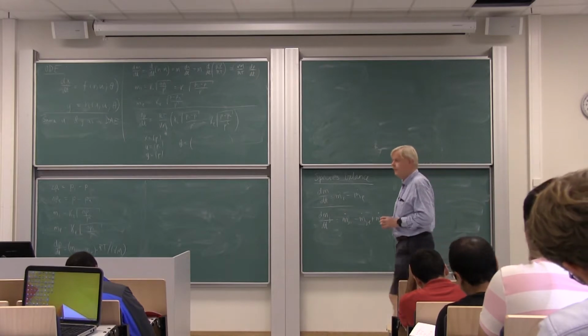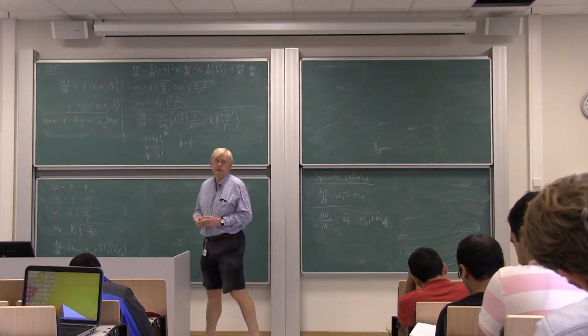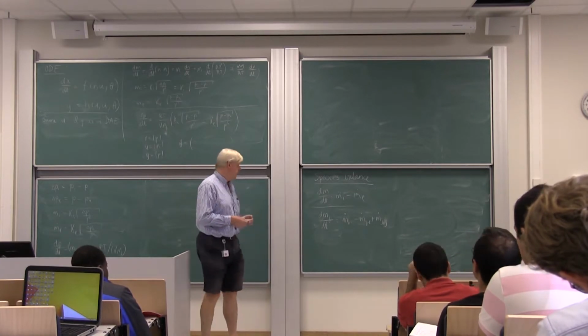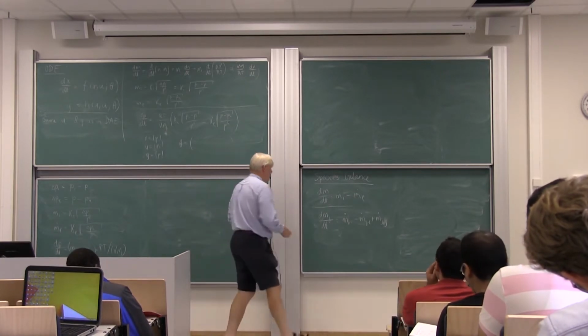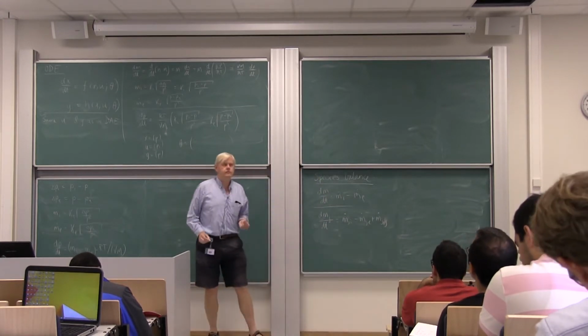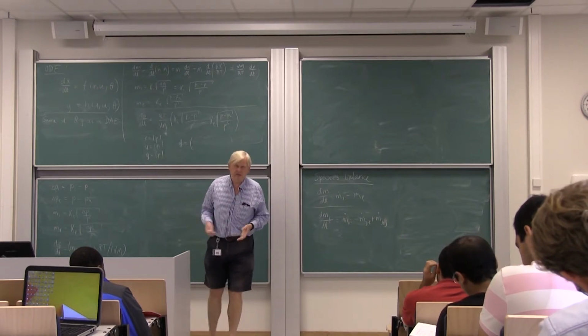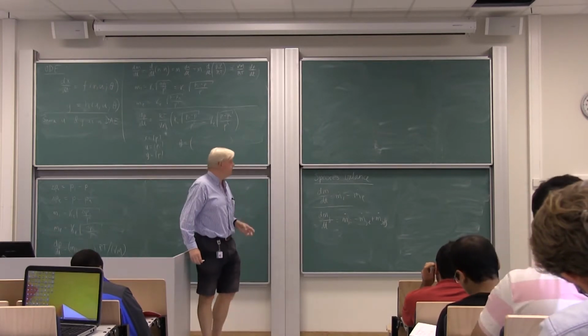Okay? Excuse me? Yes? Is it m dot j comma i? Yes. j is the sort of index that indicates what species we're talking about.